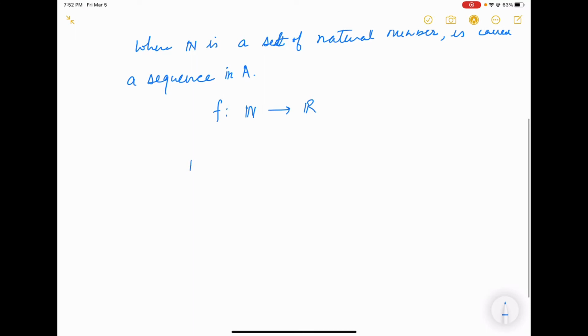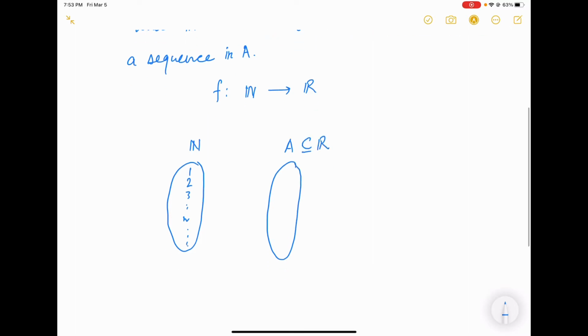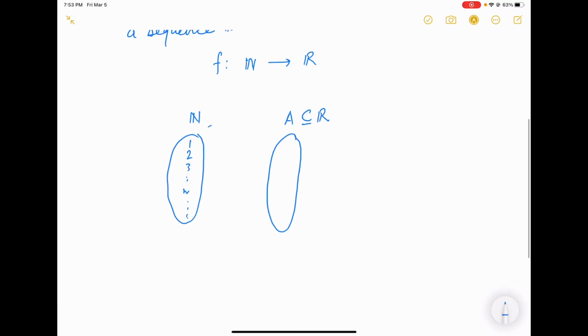So what we have? We have a set N. N contains 1, 2, 3, n and many more numbers. They are the natural numbers. And here we have a set A, suppose. What is A? A is a subset of R. So then this is a map F. One maps somewhere here, two maps here, three maps here.